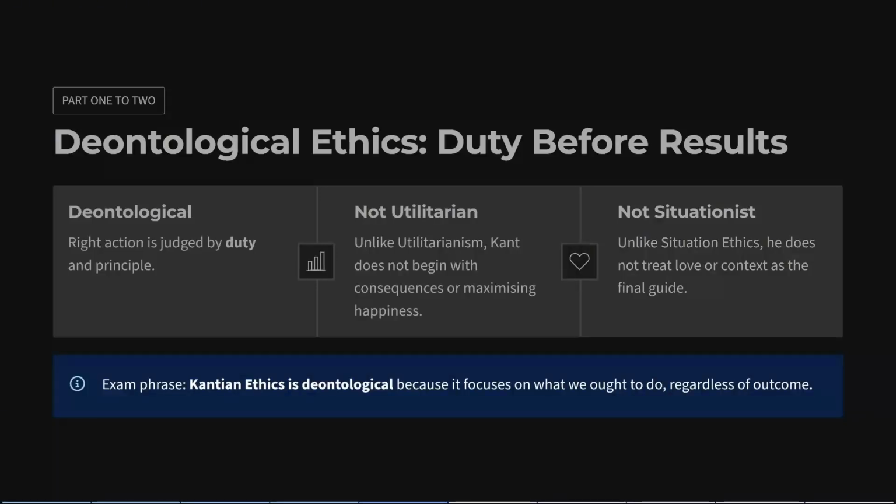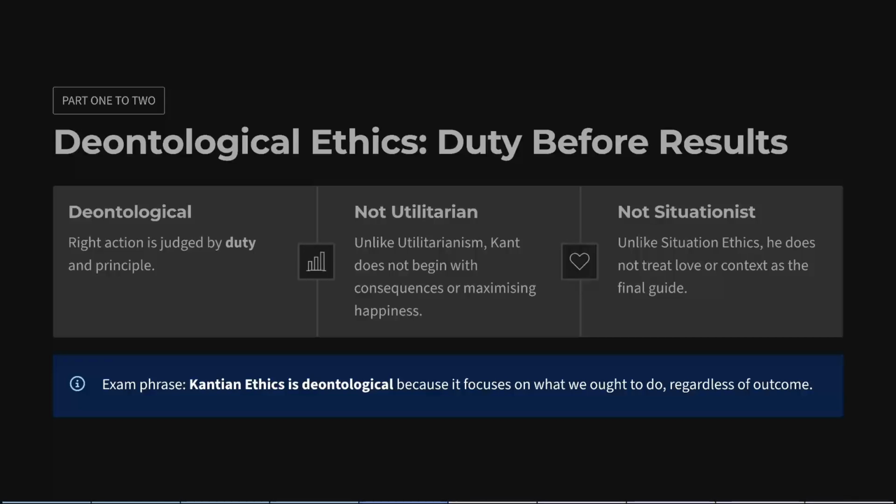both of these. For Kant, the consequences of an action are morally irrelevant to its moral worth. What matters is whether the action is done from duty, whether it conforms to a principle that reason recognizes as morally binding on all rational agents.